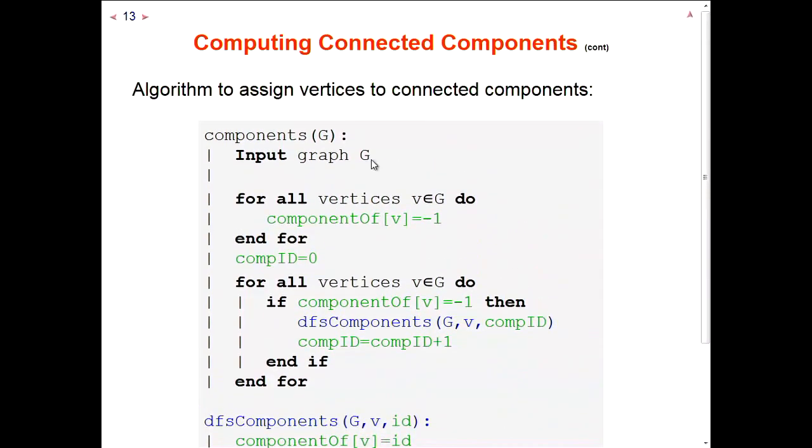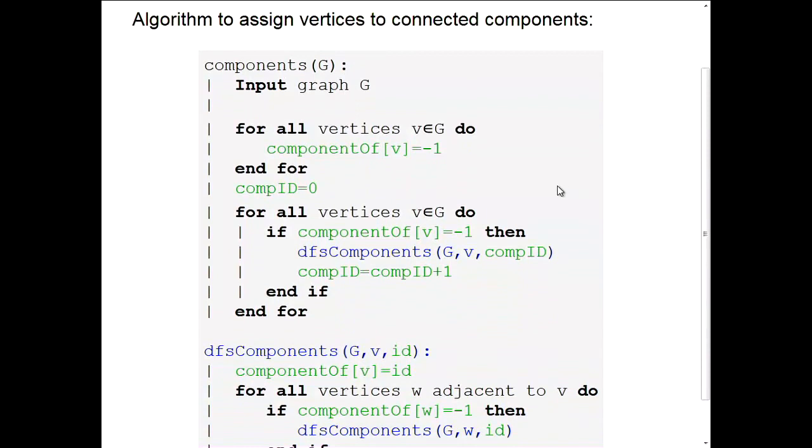Now, here is an algorithm that does this and also uses depth-first search. The idea, again, is relatively simple. You, first of all, say that we haven't labeled any of the vertices to begin with. They all get the component -1, indicating that they haven't been visited.